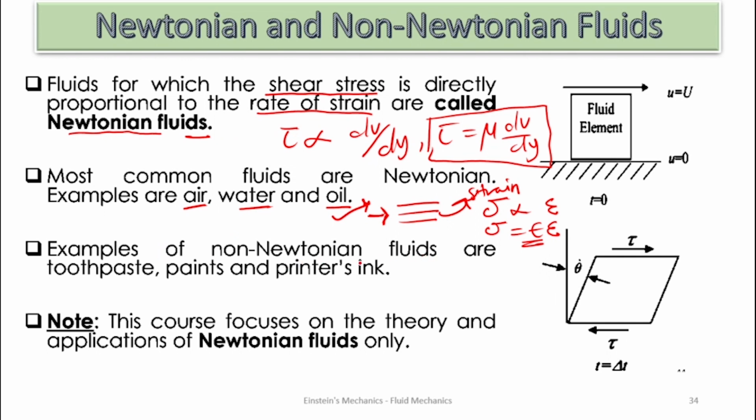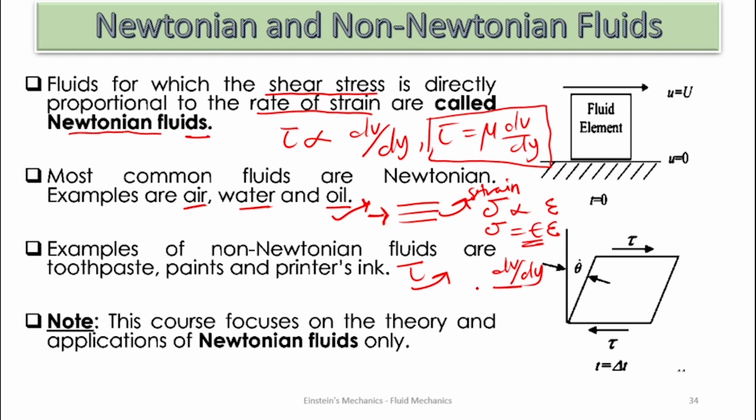Examples of non-Newtonian fluids: these fluids do not obey this phenomenon, meaning at some point as you increase the shear stress, they will be static. The relationship between the strain, dV over dy, and the stress is not going to be linear.